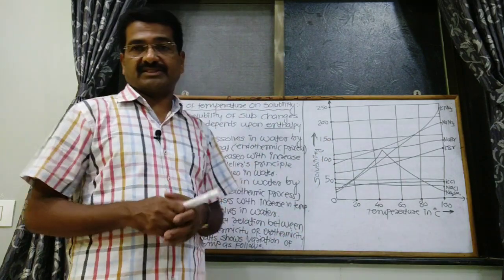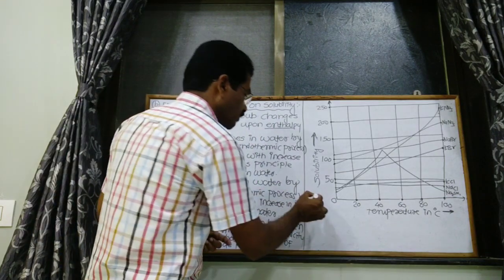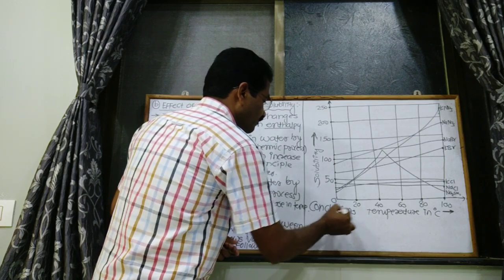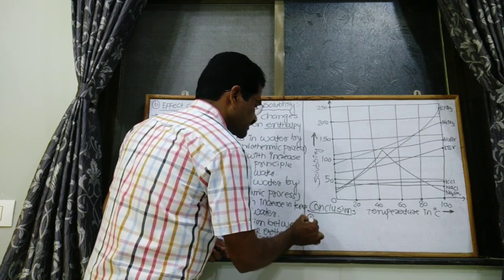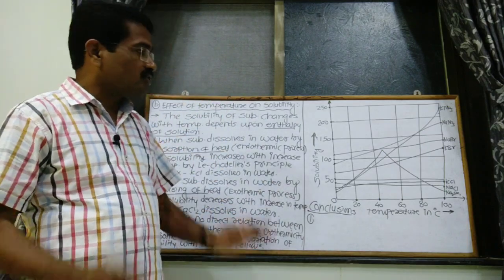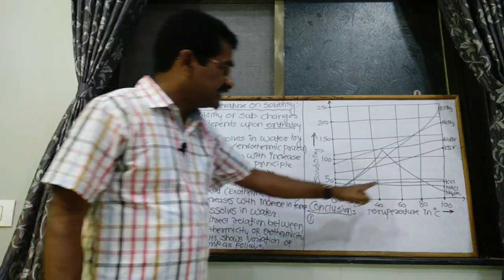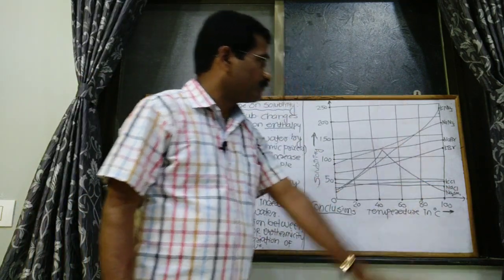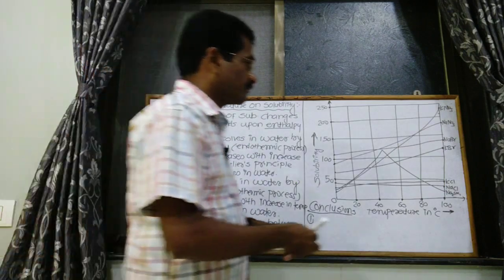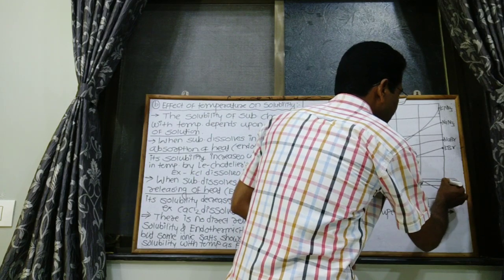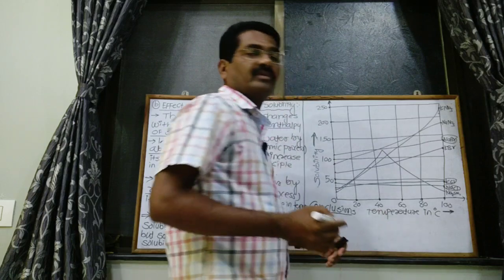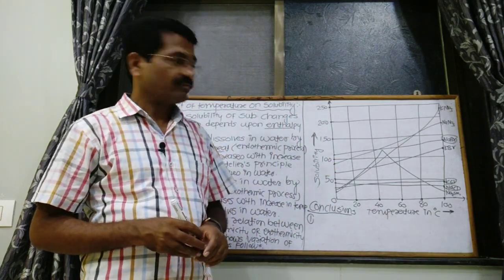There are some conclusions depending upon that graph. Which conclusions can we draw from these graphs? First, there are some salts; see them one by one. First, KCl and NaCl with NaBr. Observe these three salts.